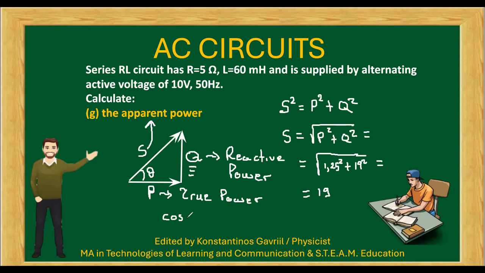Cos theta equals P above S. So the cos theta is P above S, or VR above V total, or R above Z. You see, this triangle could have here either the value of R or the value of VR on this side.